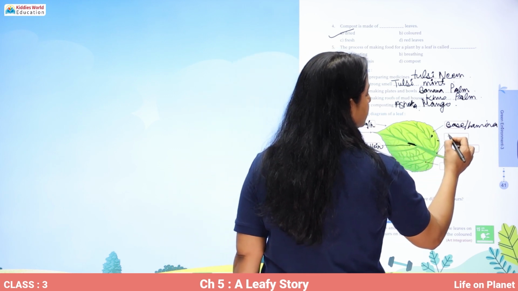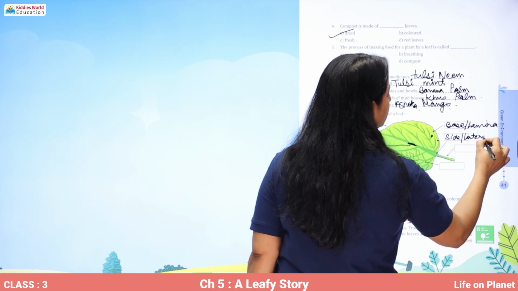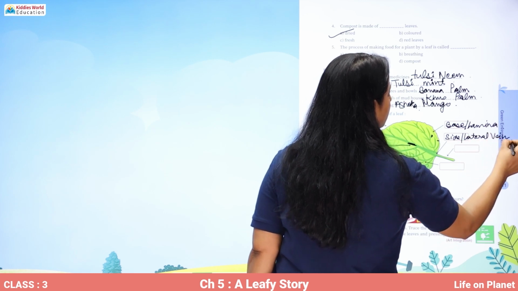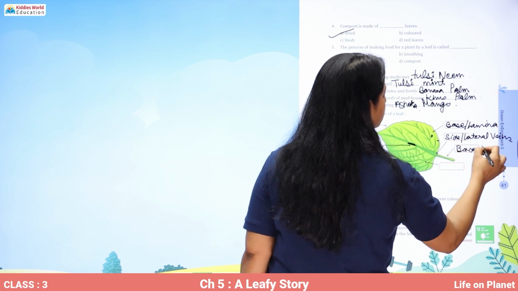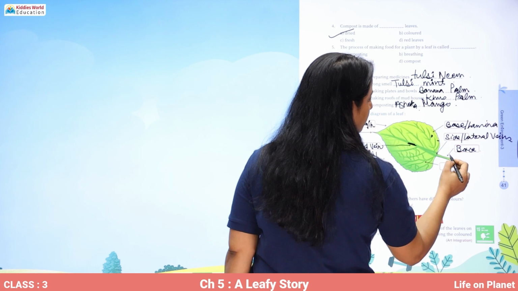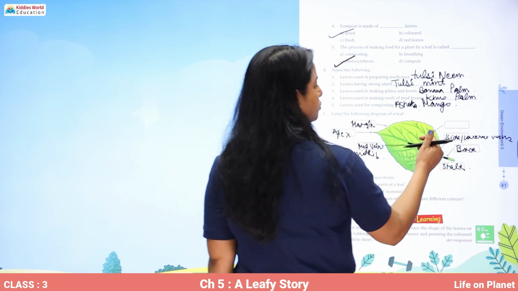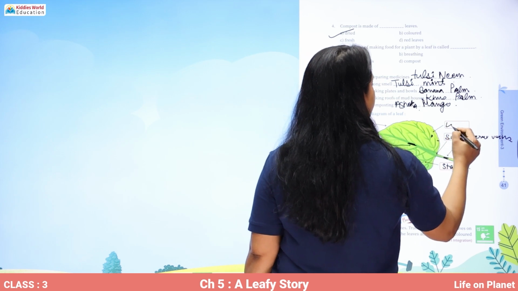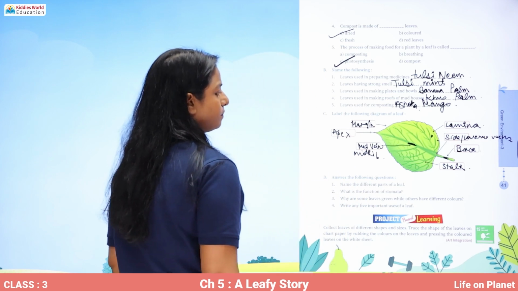Side ones are called side veins or lateral veins. This is called the base, and this is called the stalk. So the flat part is called the lamina. Okay.